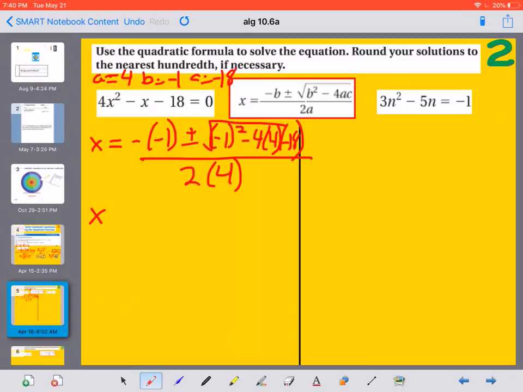So what we'll get then is x equals, well, negative 1 is 1, plus or minus the square root of negative 1 squared, which is 1, minus 4 times 4 times 18.